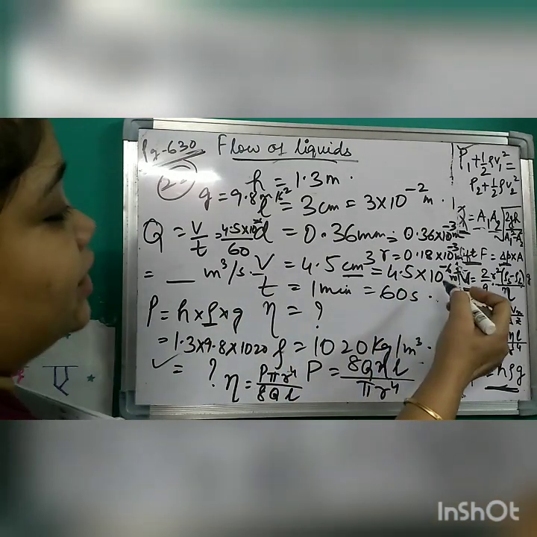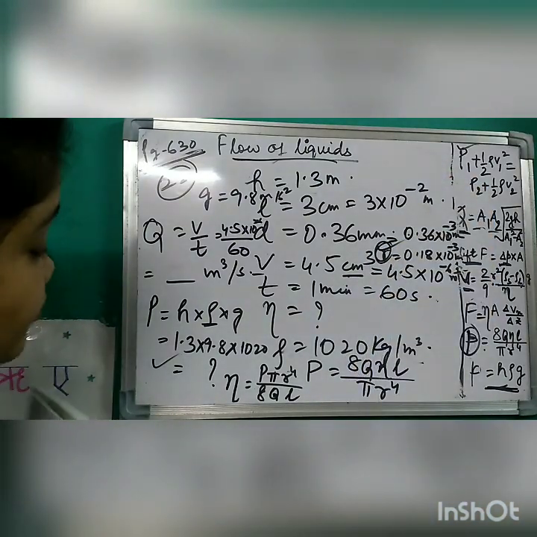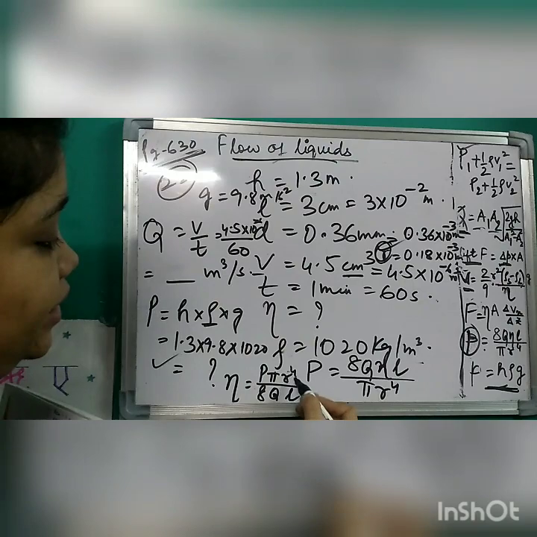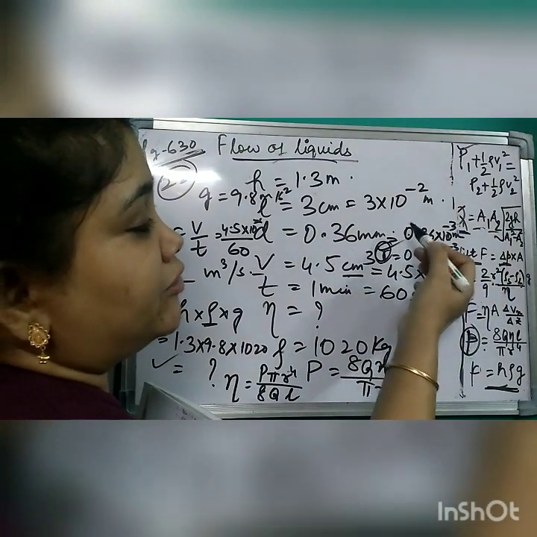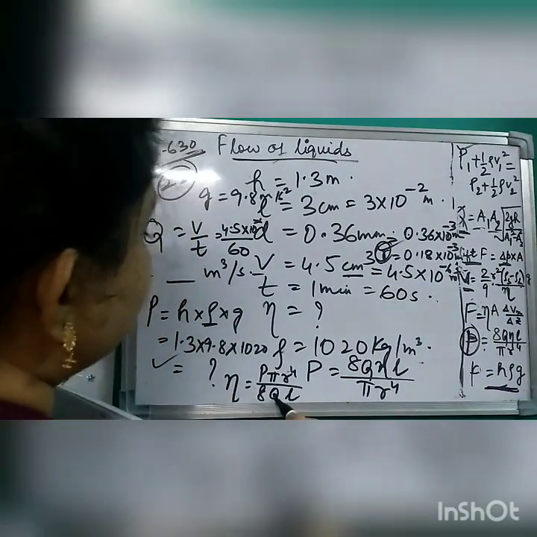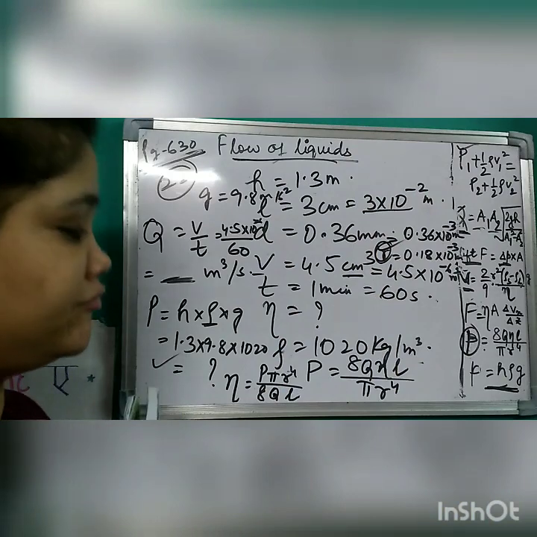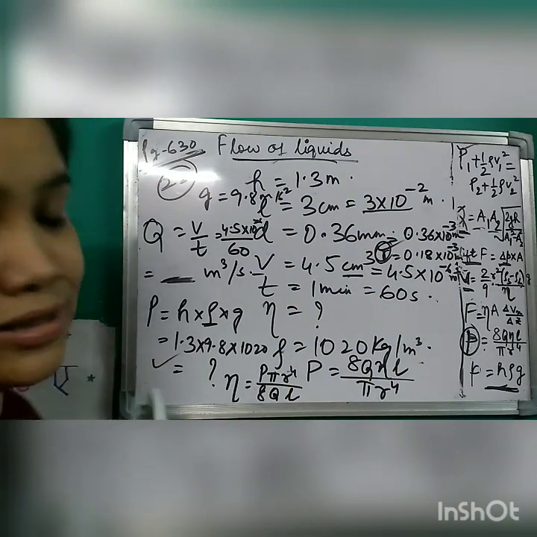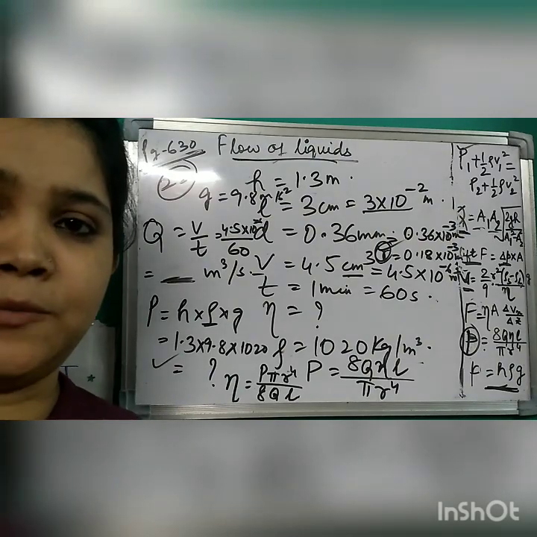Pi is 3.14. R is 0.18 into 10 to the power of minus 3, and R4 will be 0.18 into 10 to the power of minus 3 whole to the power 4. Q you are getting from here. L is already given, 3 into 10 to the power of minus 2. And 8. So just put the values, solve, and you will get the answer.